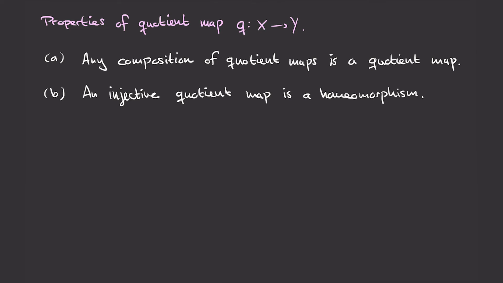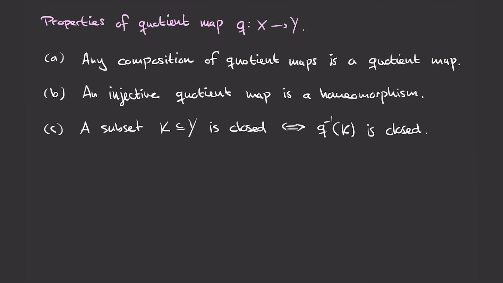Well, we know that quotient maps are surjective, so if we have an injective quotient map, this is actually saying that we have a bijective continuous map from the space X to the space Y. This is not quite yet enough to be a homeomorphism, but the definition of open sets in the quotient space actually makes this a homeomorphism, because it's saying that a subset of Y is open precisely when the pre-image is open in X. This is also the definition for what it takes to be a homeomorphism if you have a bijective map from X to Y.